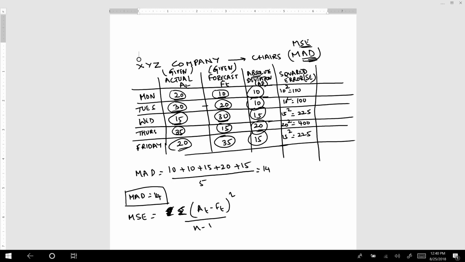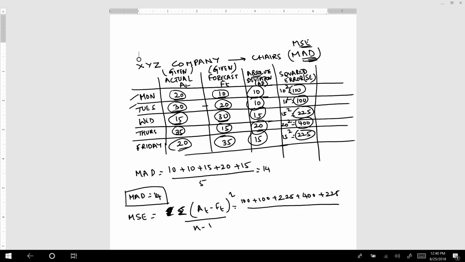So the top term, I need to add all of them, that is 100 plus 100 plus 225 plus 400 plus 225 divided by n is 5.